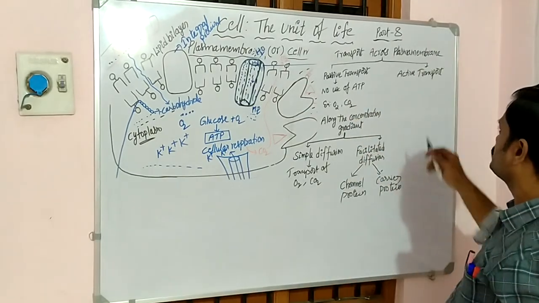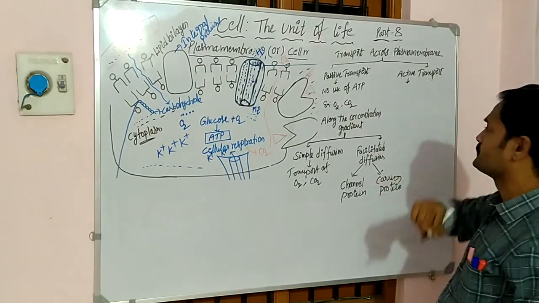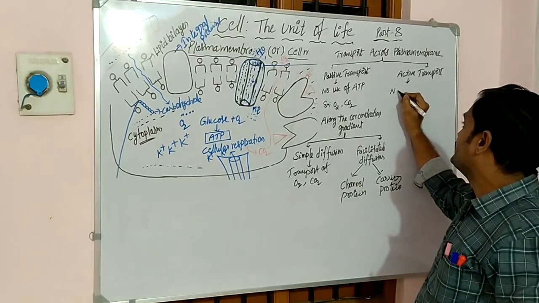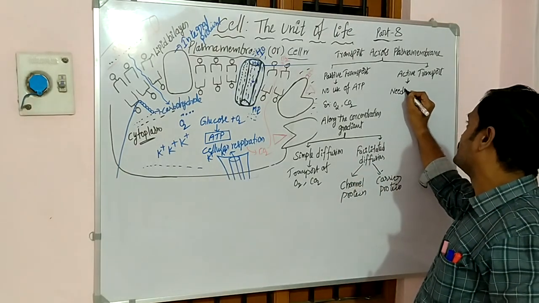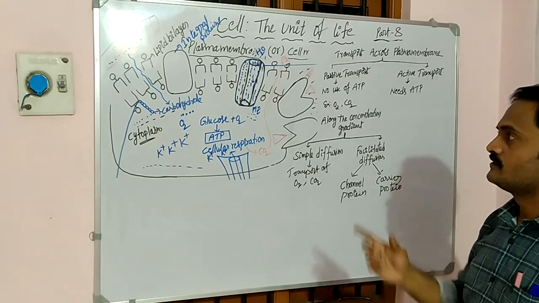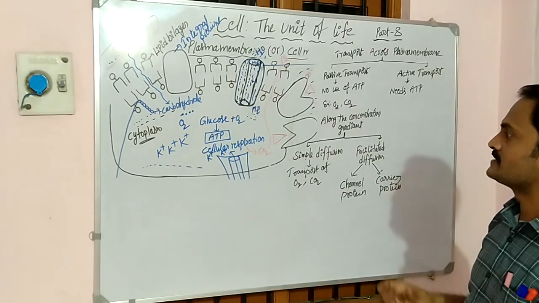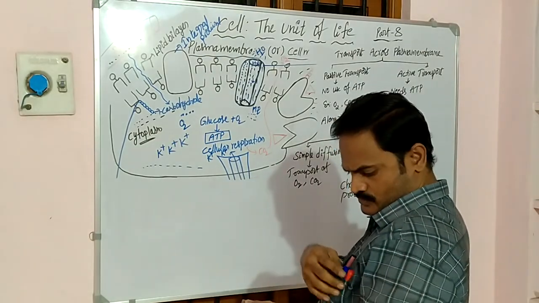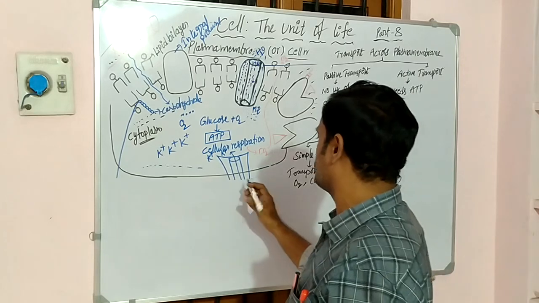Okay, coming to active transport. In active transport, it needs ATP for the transportation of substances. For example, I will draw here the sodium potassium pump.